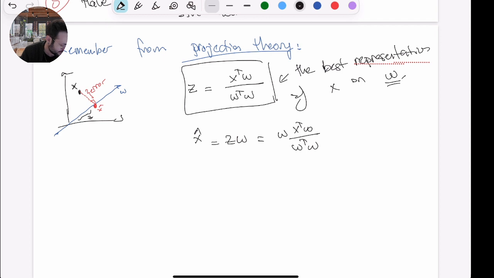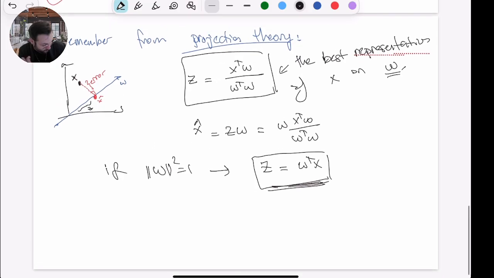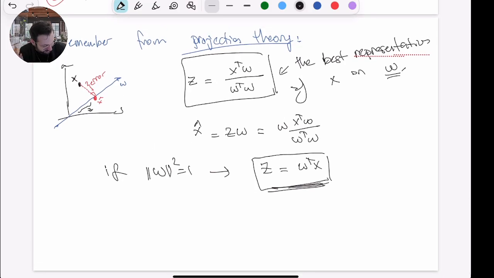And if w is a norm vector, meaning w squared is 1, then my z is just the inner product, so w transpose x is my z. So that's my z.